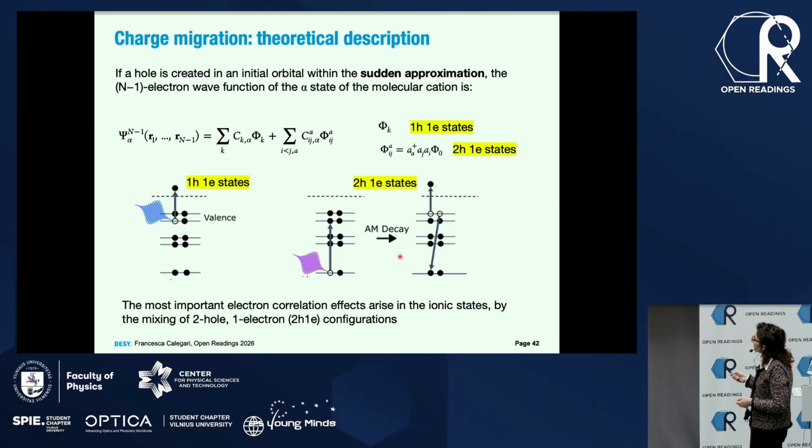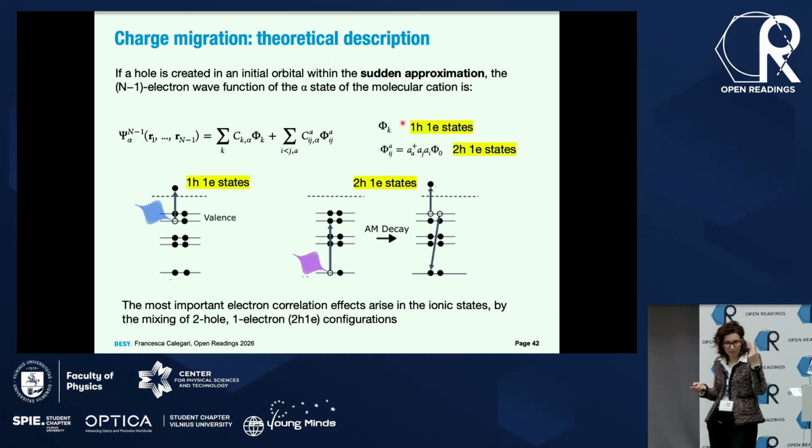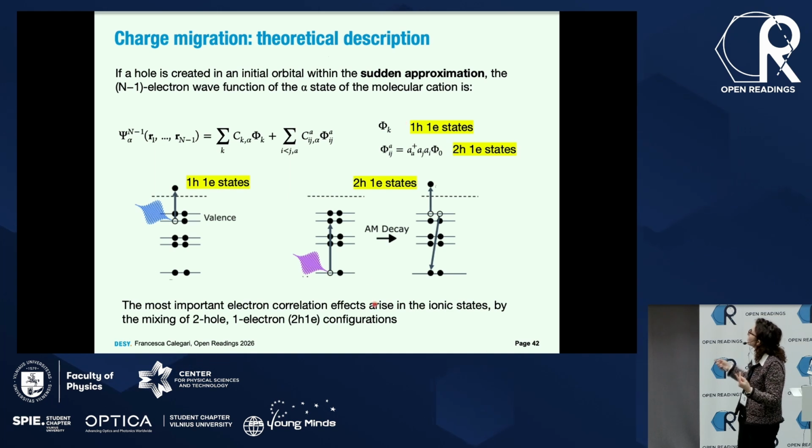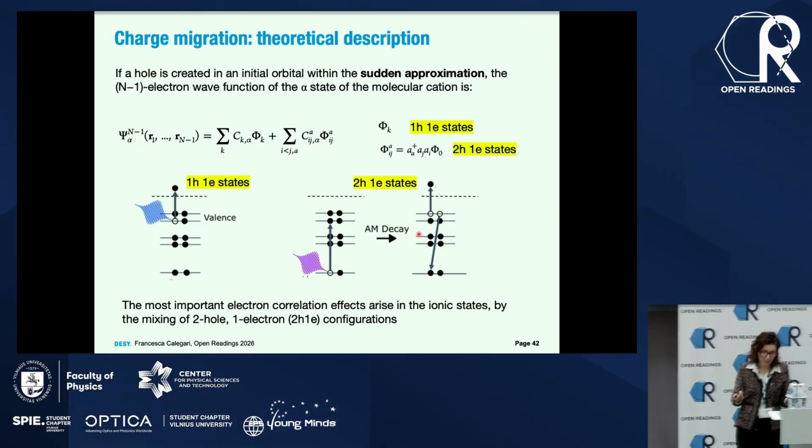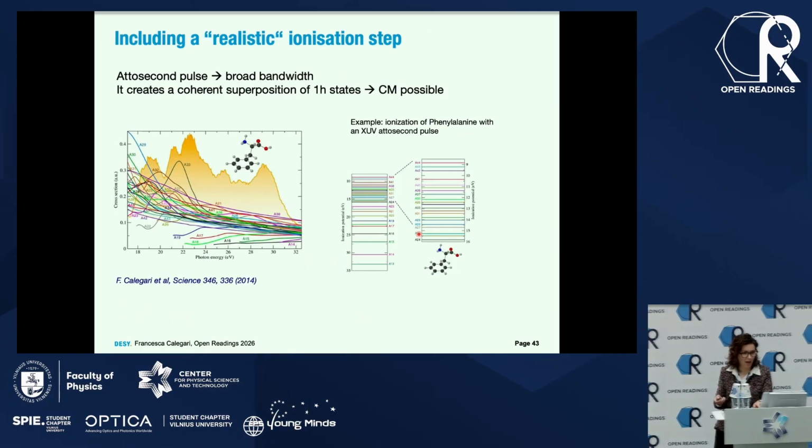For instance, one is the so-called Auger-Meitner decay, in which another electron fills this vacancy, and the excess of energy is given to a second electron, which is now ionized. So you don't only have the primary ionization, you have a secondary event of ionization, which is actually due to the Auger-Meitner decay. So we say this is a two holes, one particle state, which is a coherent superposition as well of electronic states.